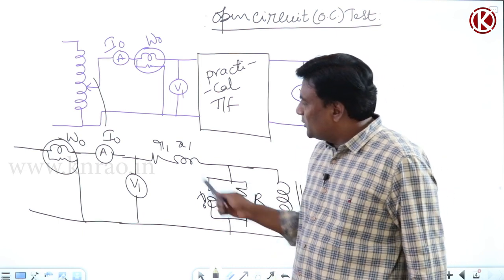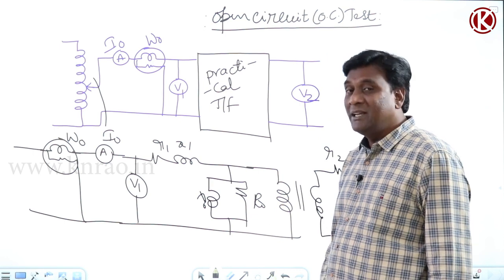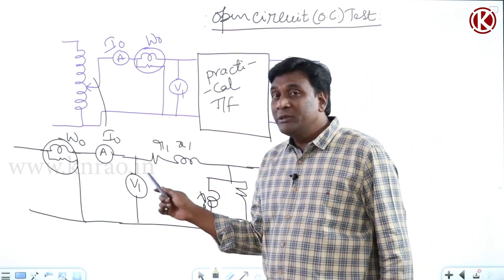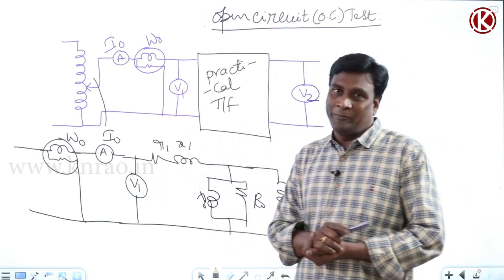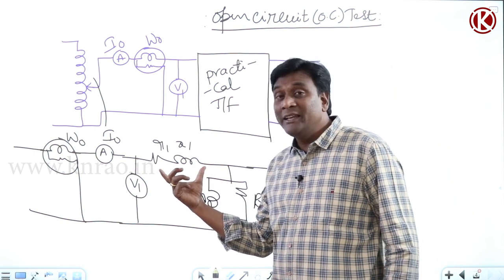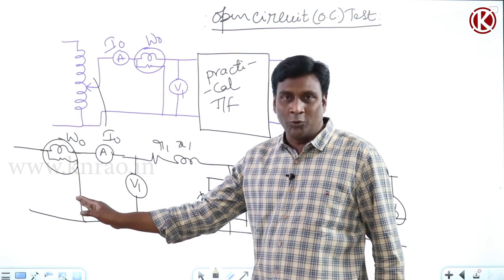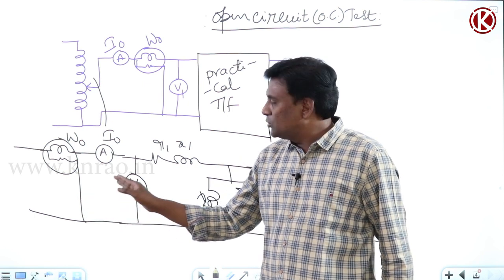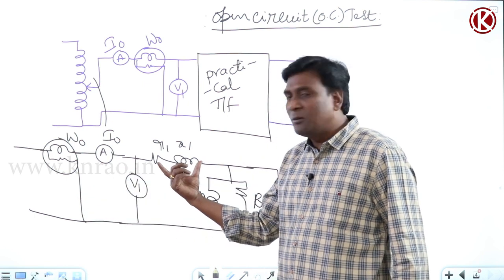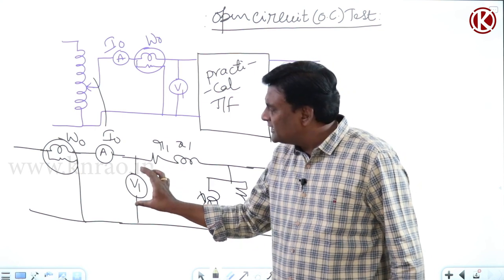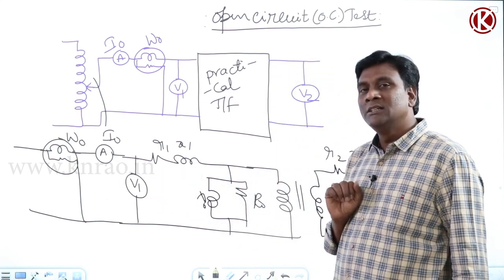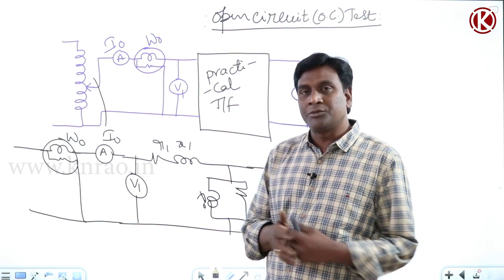Meaning that whatever component of the voltmeter reading represents the primary leakage impedance drop should be negligible compared to the source voltage. The moment it is negligible, I can say that the source voltage equals this voltage. Then only I can move the shunt branch from here to here.